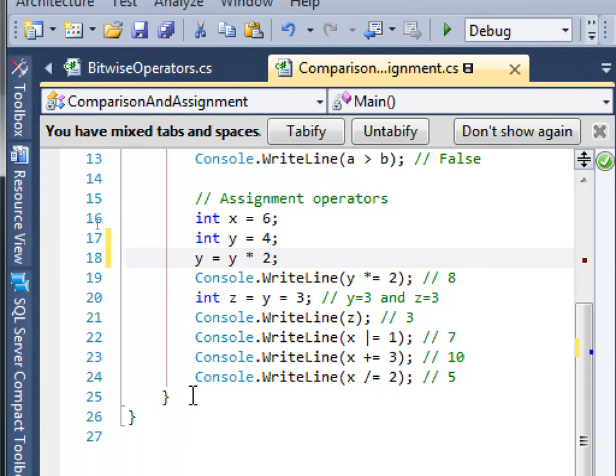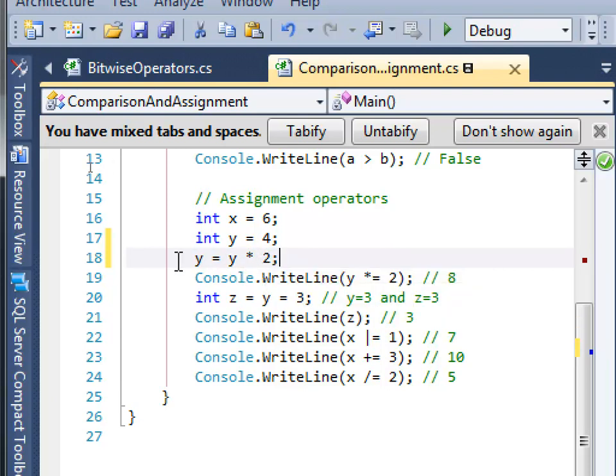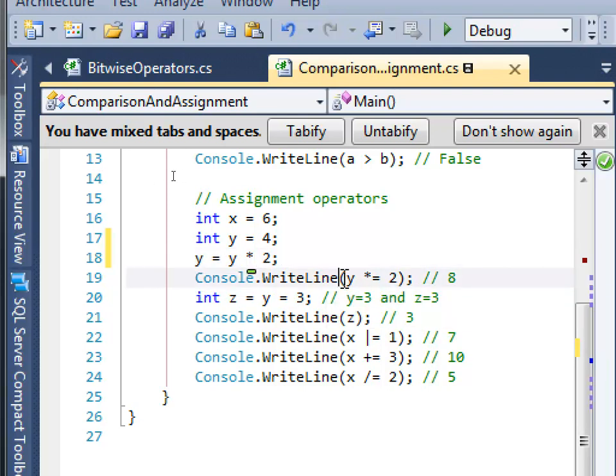This statement here takes y and multiplies its value by 2 and takes the result and assigns it into y. That is actually what we have on this line. Instead of writing this, we can write it like this.